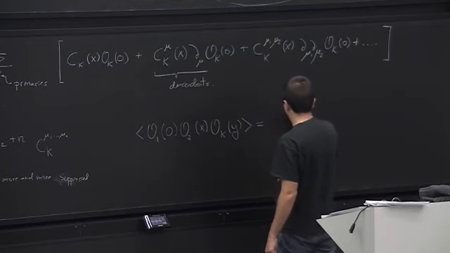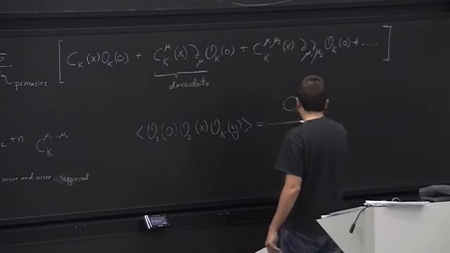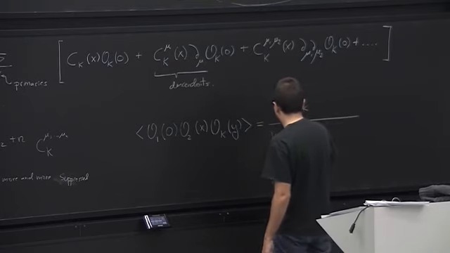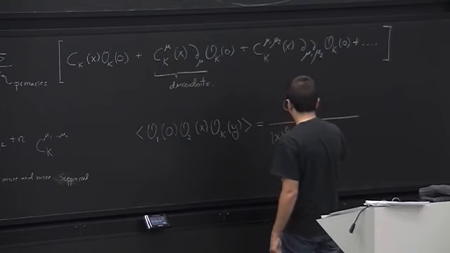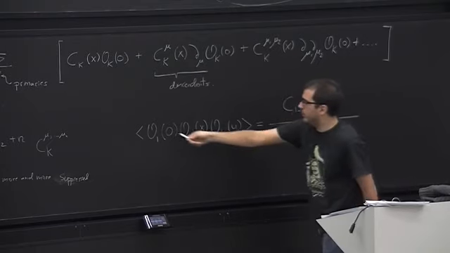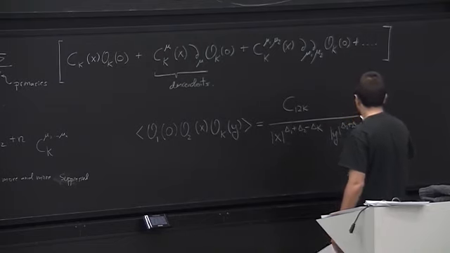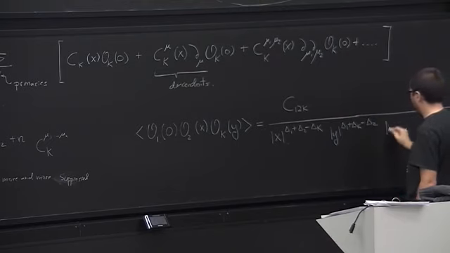Well, by conformal symmetry, we saw that this is just C_12k divided by, so let's write it, the distance between the first two guys to the power delta_1 plus delta_2 minus the third one, which was delta_k. Let's do the next one. 0 minus y is just y, to the power delta_1 plus delta_k minus delta_2. And similarly, for the last guy, x minus y to the power delta_2 plus delta_k minus delta_1.